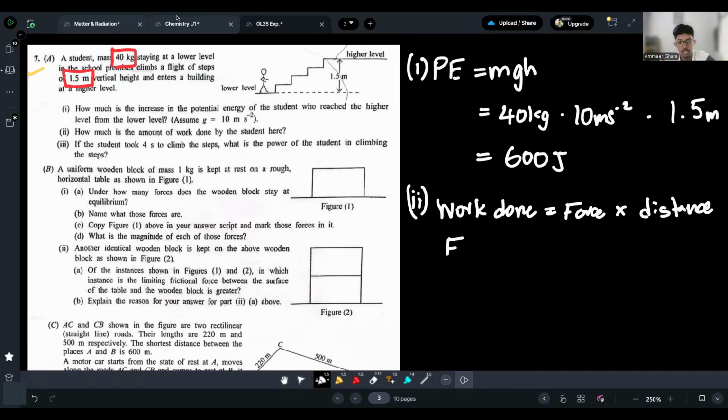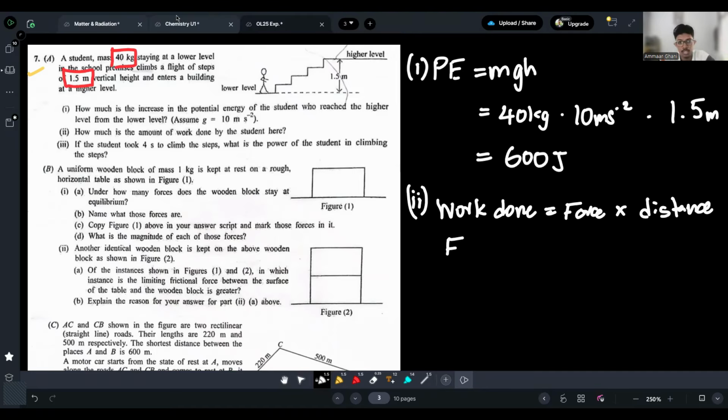Also, we know that force is mass into acceleration, which is ma. So we can plug this ma in here. We get work done equals ma into distance, which is 1.5 meters. Then we know the mass, which is 40 kilogram.